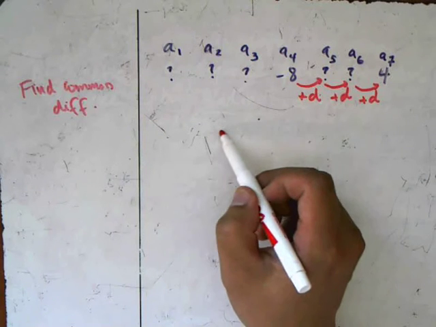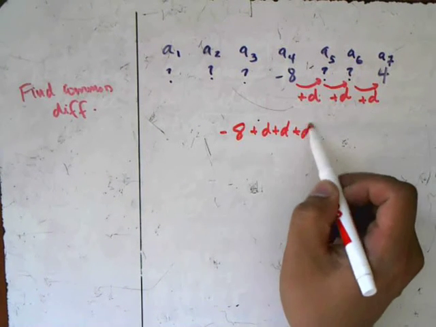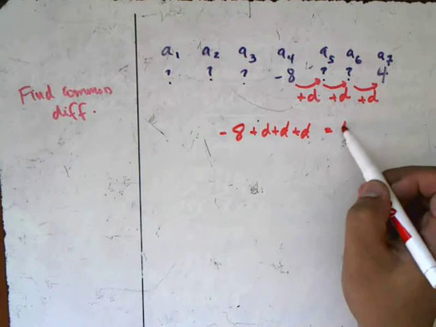So one thing that I do know is that -8 plus D plus D plus D equals 4.